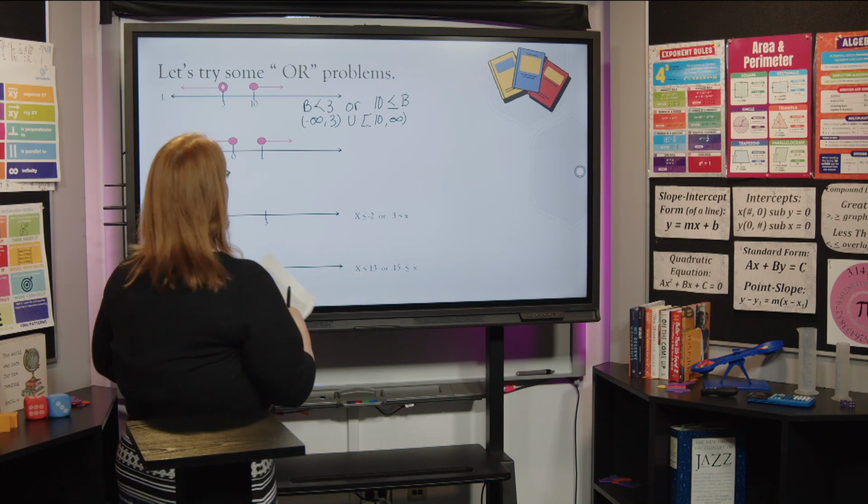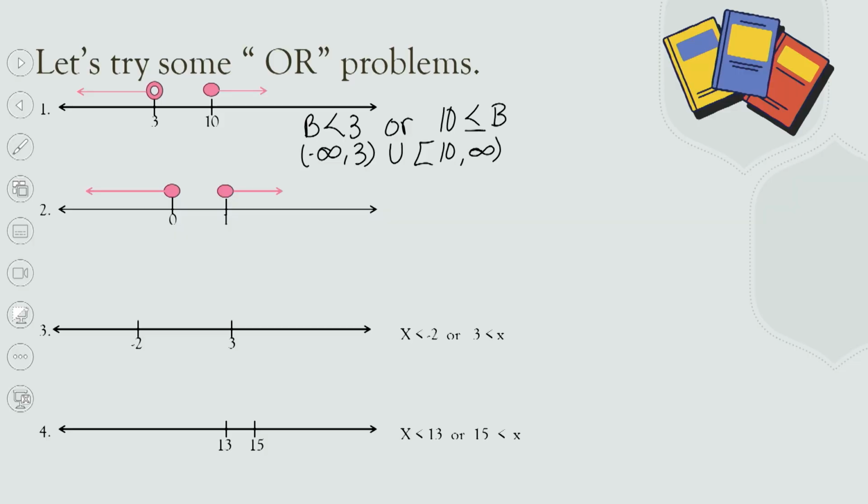Let's look at number 2. All right, so I have 2 closed circles. So I'm starting over here at my unknowns, and they are less than or equal to 0, or I start with my 1, and it is less than or equal than my unknowns.